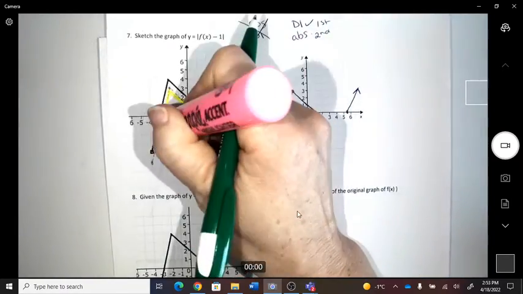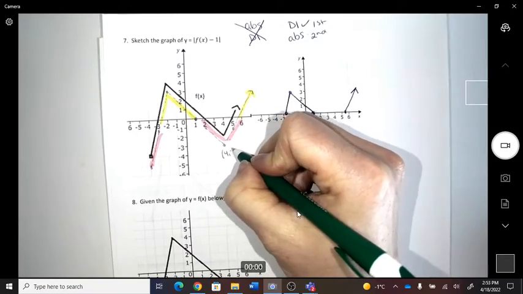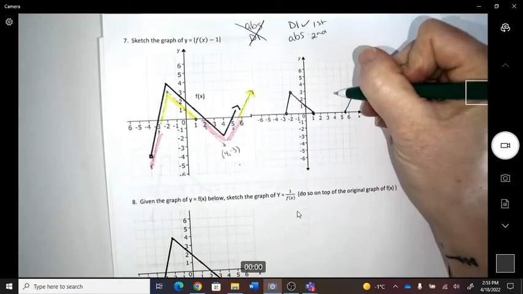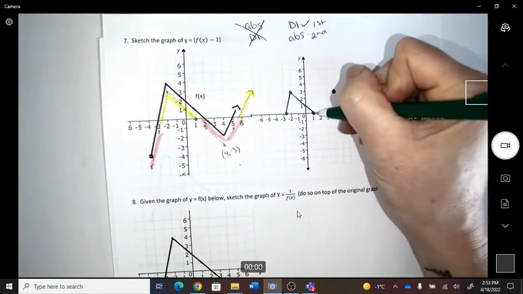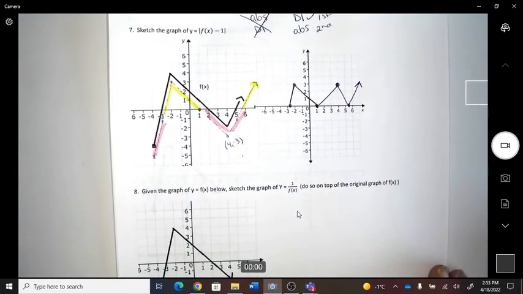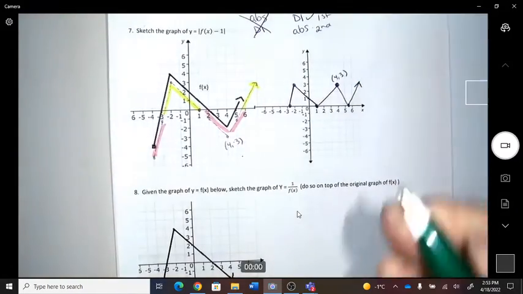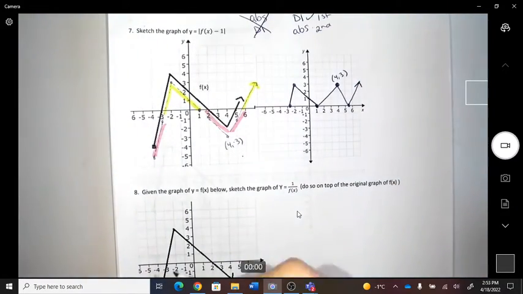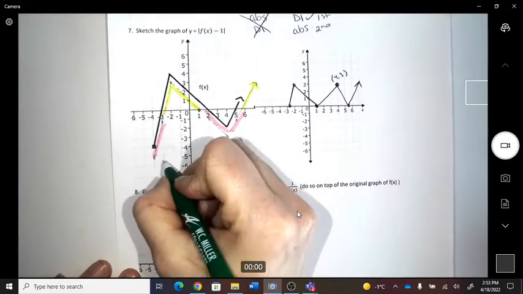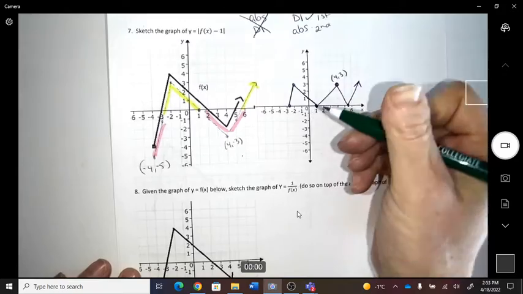So that has to change and that has to change. So 4, -3. I'm going to move it. And then this one would be -4, -5.